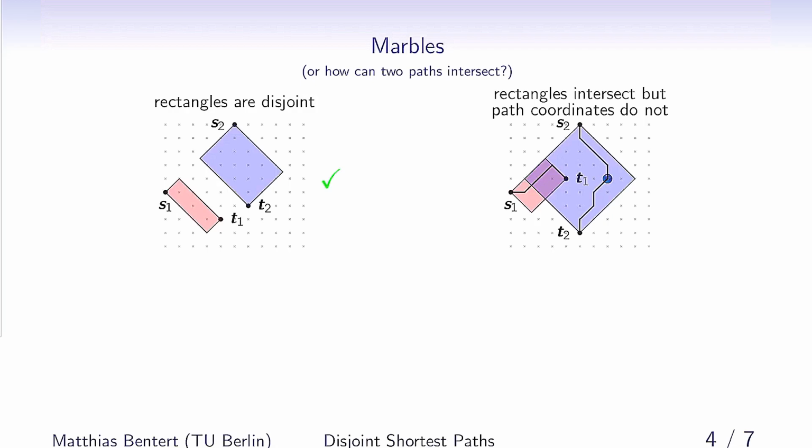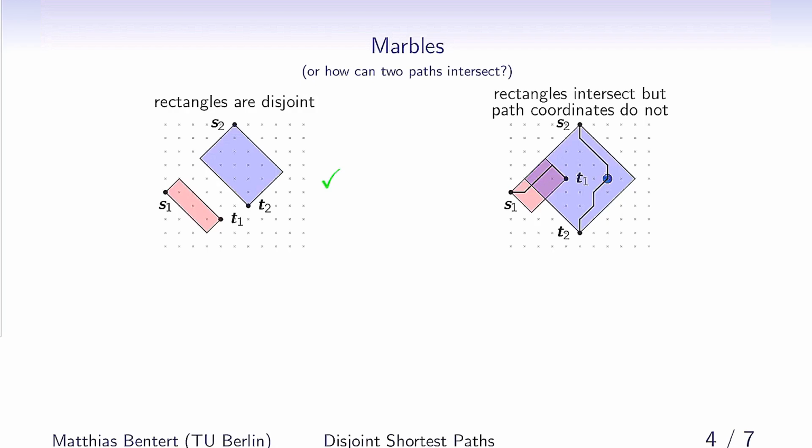So just assume that someone tells us that the blue path, or the solution between S2 and T2, goes through this vertex. So in some sense, it's a marble that's left on the floor for the blue path to collect.